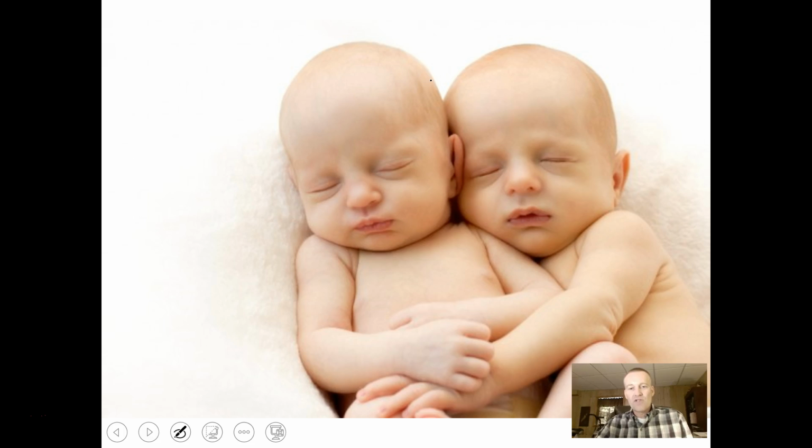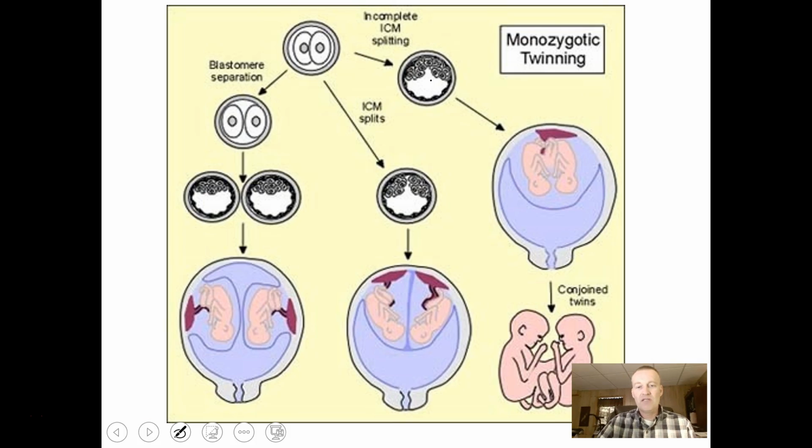Now it always comes up, well, how are twins formed? I always get that question when we talk about embryology. So twins can form in many different kinds of ways. So here you can see that the blastomeres separate as opposed to being joined together like in regular development. If each blastomere is separated, it can become an inner cell mass and become an individual baby.